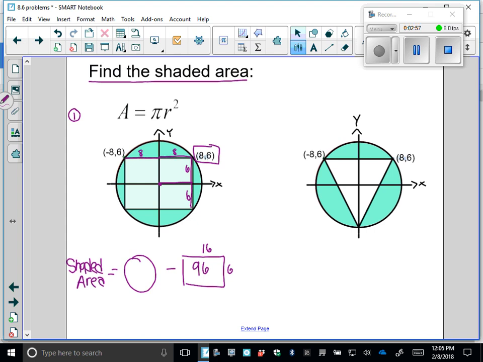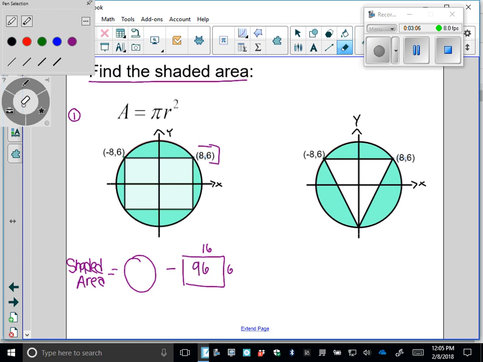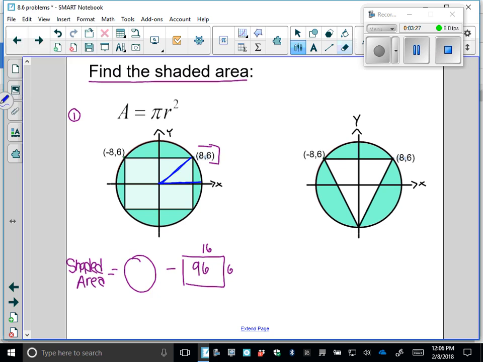So if I take a little bit of eraser there just to clean that picture up, remember the radius you see in lots of different places in the circle. For example, I think it's really common for people to think of the radius here, but don't forget, the radius could be anywhere, and we really want to place it somewhere where it's useful.